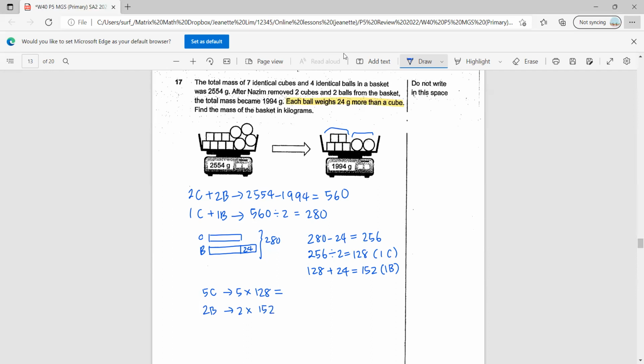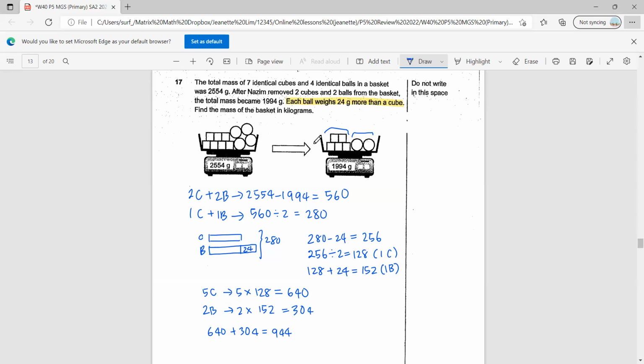This is 304. And this is 640. Okay, then after that, you add them up to find the total mass. 944.